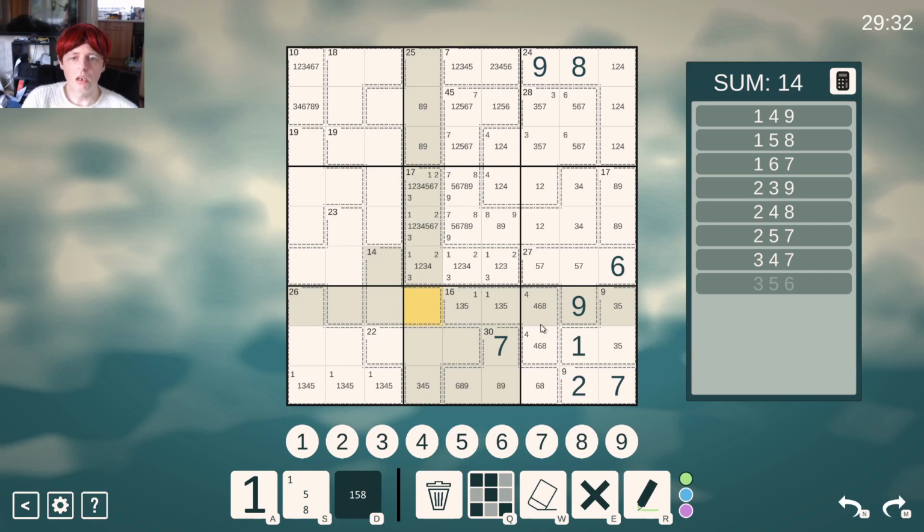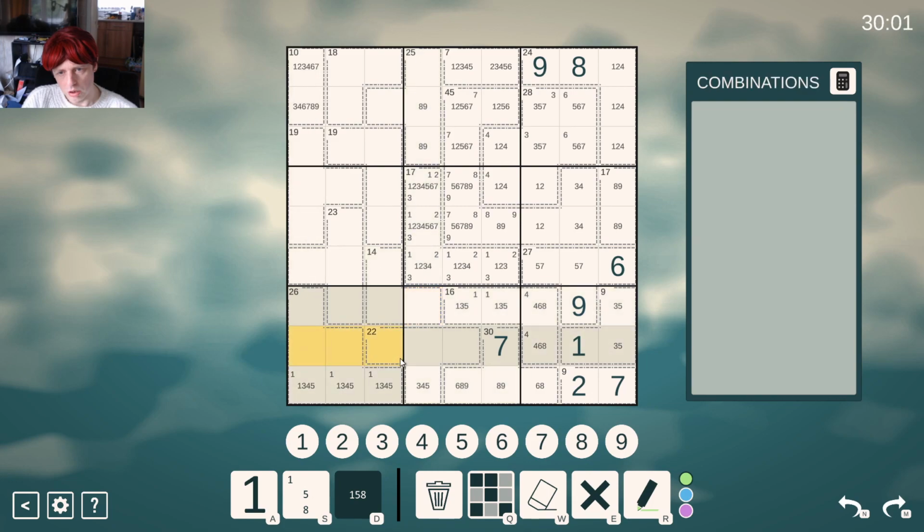Or if we've got a 9, we can't have more than 1 of 1, 3 and 5 either, so that can't be, and that can't be. Nine must be one of those cells.